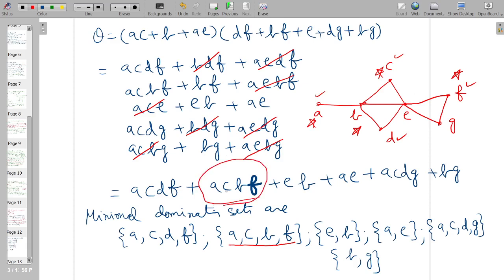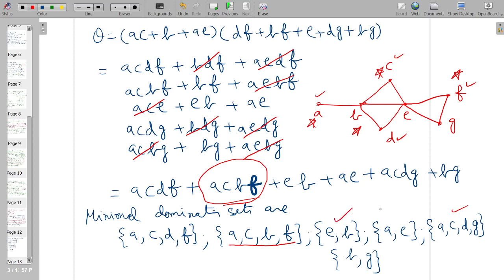Okay, ACDF, ACDG. AC, D and G is there. Now I have EB.